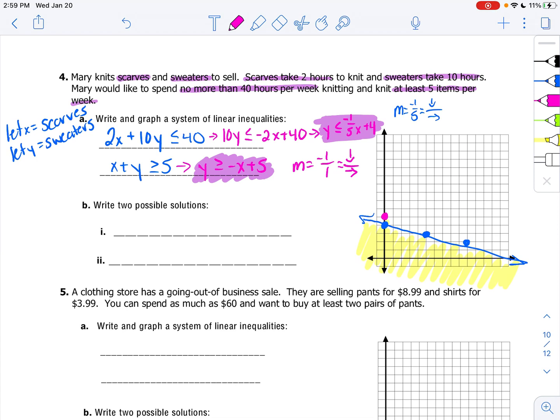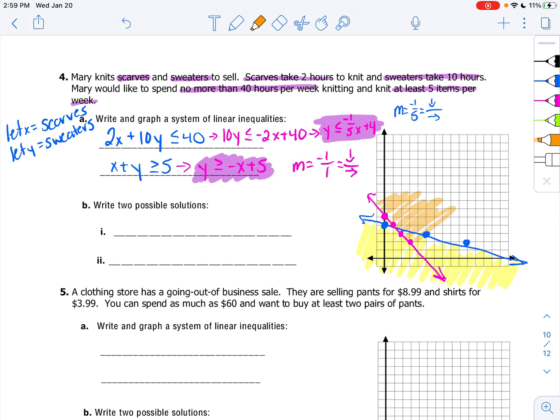So from our y-intercept, we're going to go down 1, right 1, down 1, right 1. And I'm going to do one more, down 1, right 1. And it does have the equals to, so it's a solid line. And it says y is greater than, so that means we're going to be shading above the line.